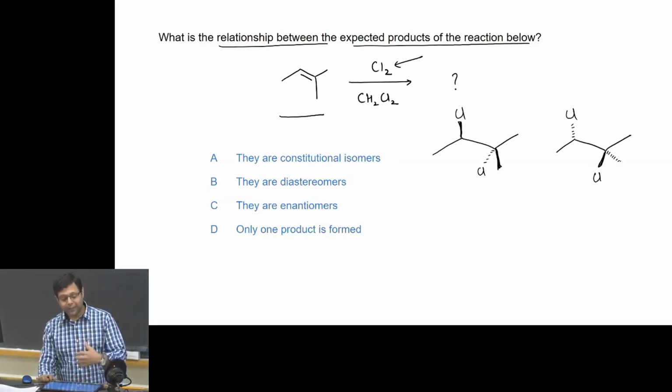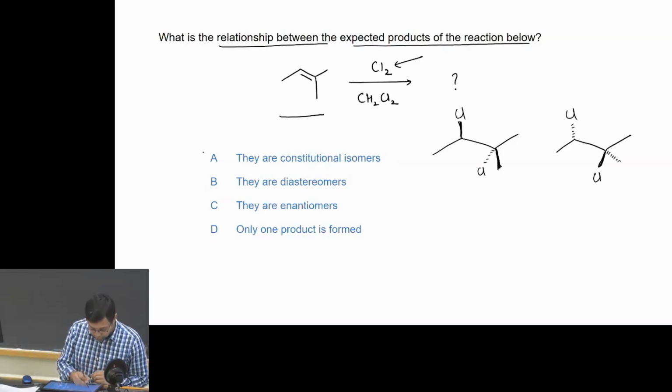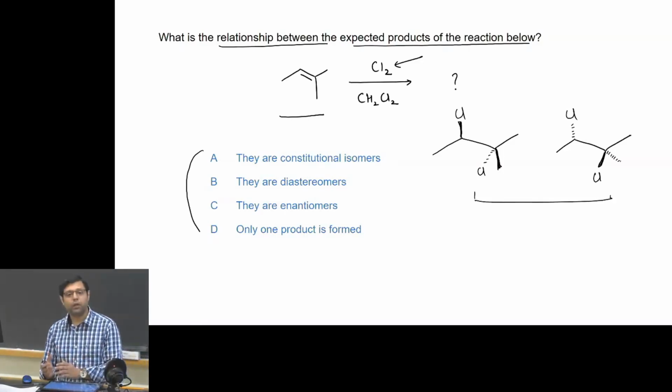Right? Now I know I said a couple of slides back, for a straight chain compound, you don't need to draw dotted and bold, right? But when the question is on finding the relationship, write it out like this, dotted and bold. That will allow you to see the relationship. If I give you this reaction and ask you to draw the product, then just draw normal bonds.